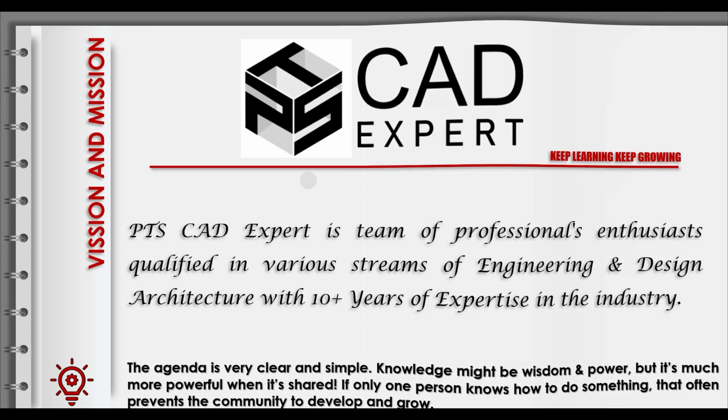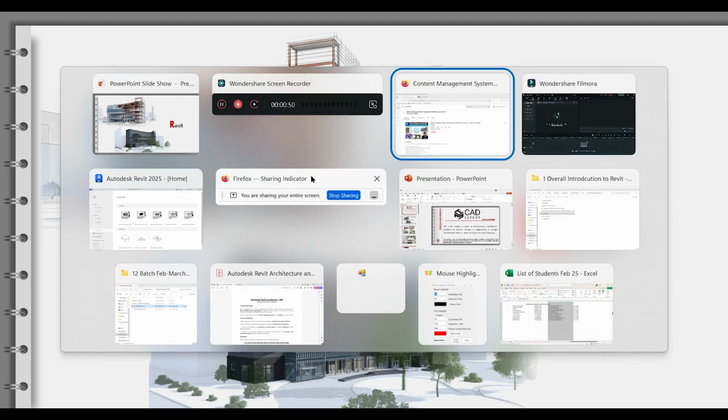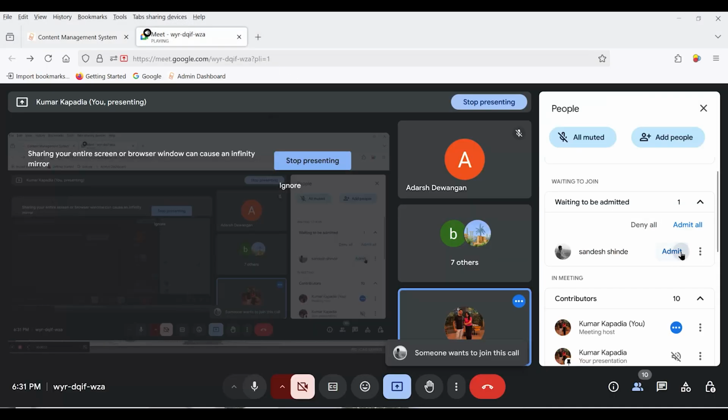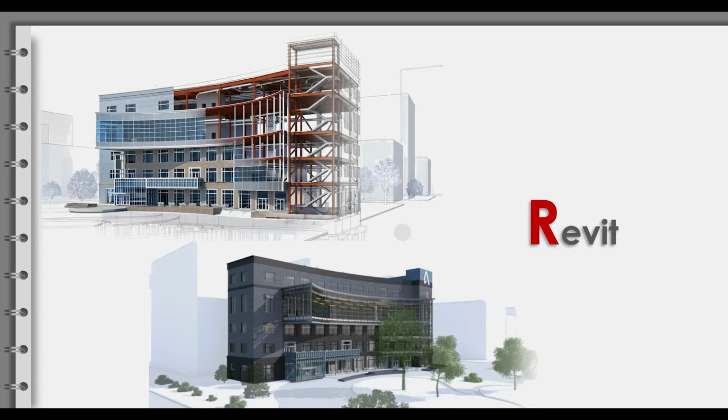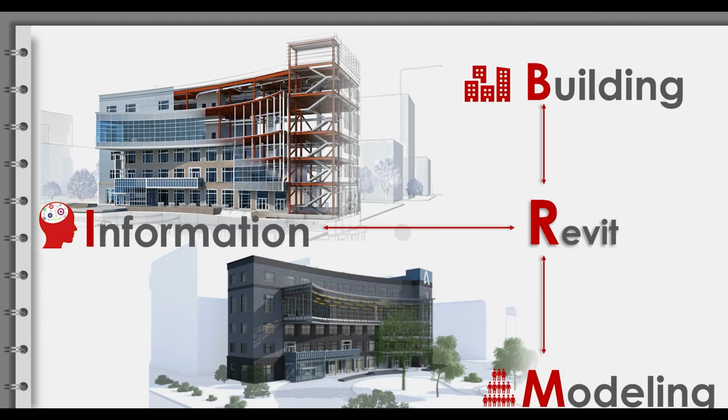It's very simple. When we talk about Revit BIM, what does BIM stand for? That is Building Information Modeling. It pertains to modeling of information. Which information?